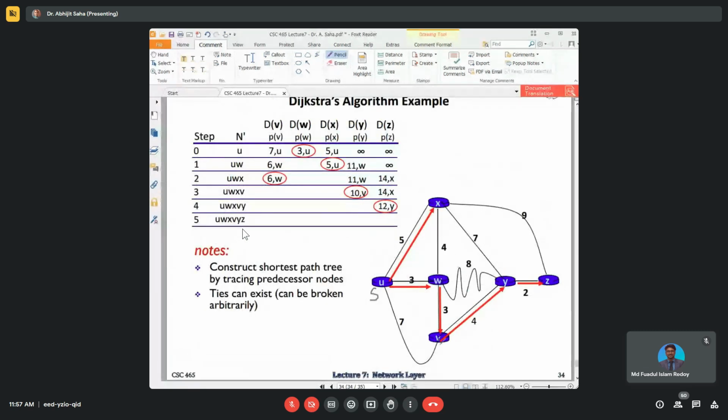So we can see here x, w, v, y, z. You can actually put them here in any combination, in any order. Not necessary that you write v first, then w, then x, then y, then z.